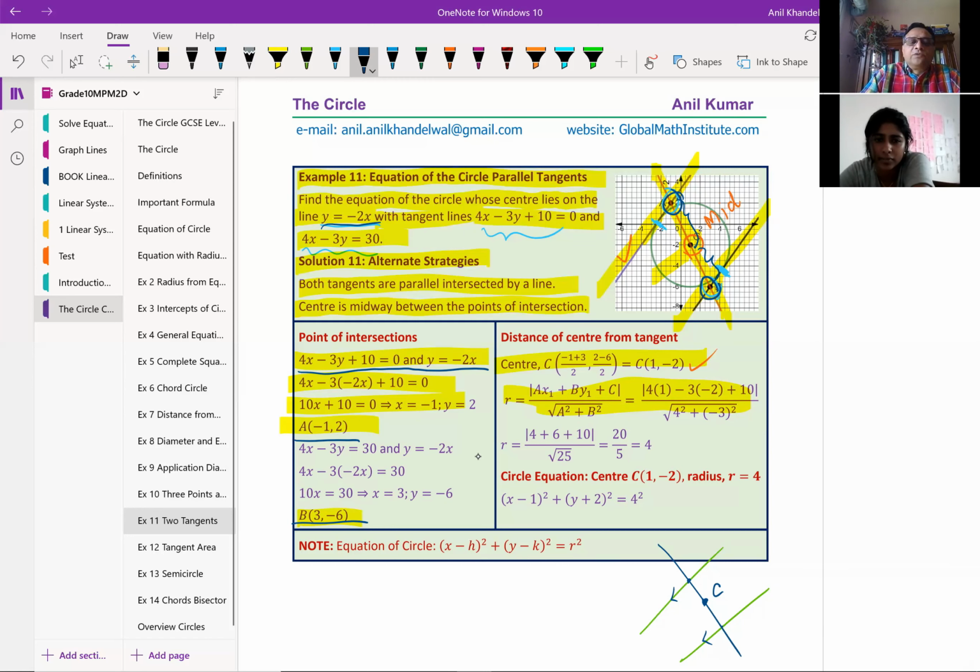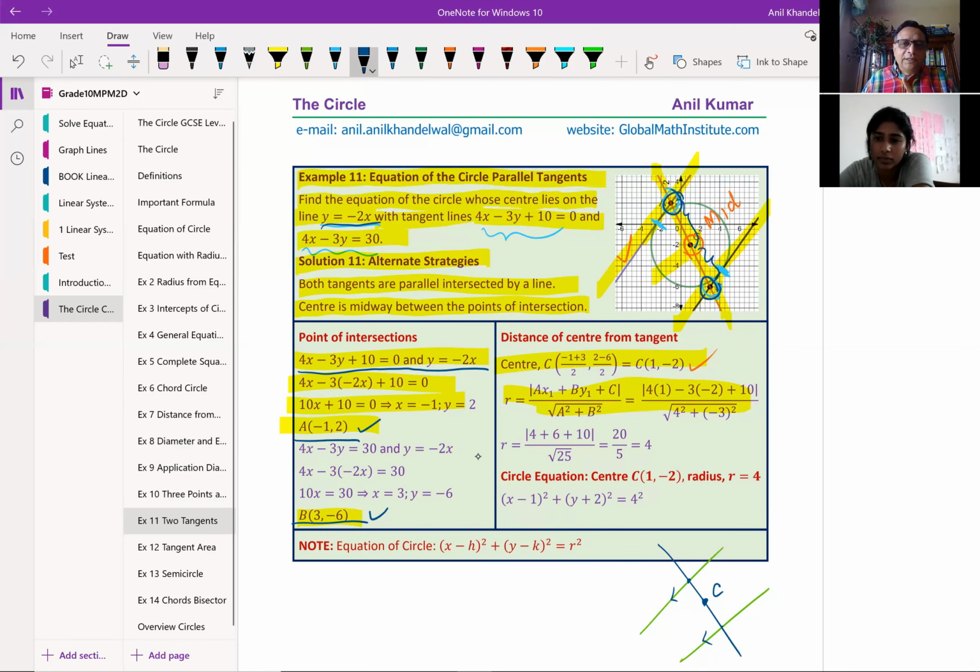We have 2 tangents, so we get 2 points, A and B. Simultaneously solve these 2 equations and you get 2 points on the extremes. The midpoint gives you the center of the circle.